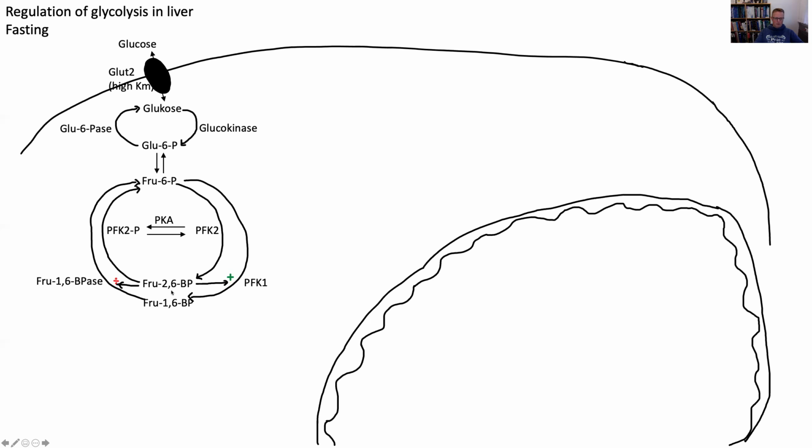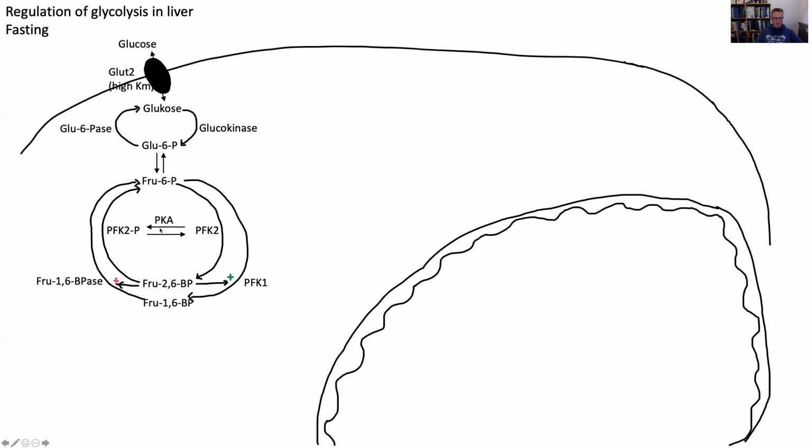So in order to control the level of fructose 2,6-bisphosphate, we need to understand how it can be produced or degraded. Fructose 2,6-bisphosphate can be produced from fructose 6-phosphate by being phosphorylated by another enzyme called PFK2. PFK2 is kind of a special enzyme because it can actually have two different activities depending on its phosphorylation state.